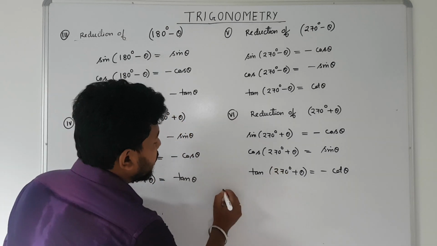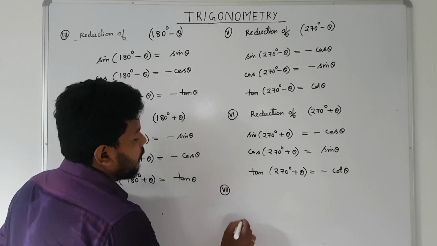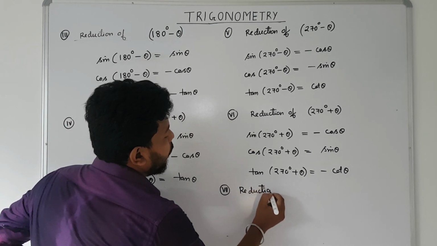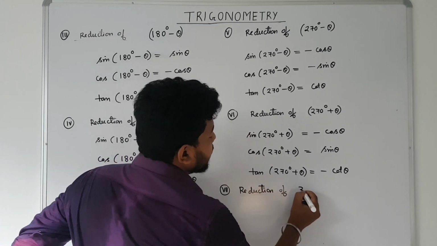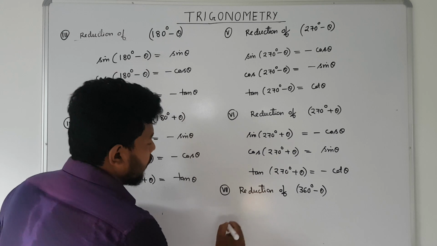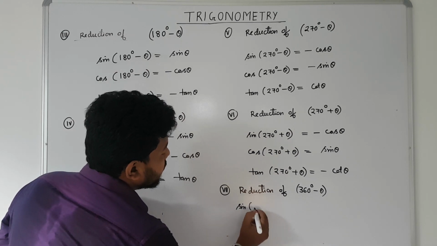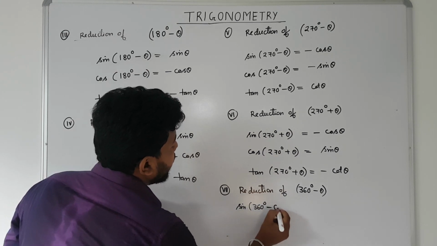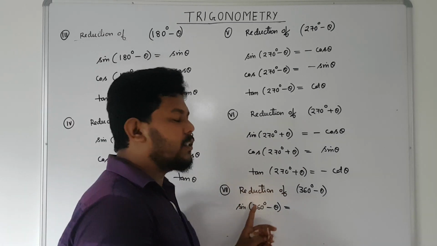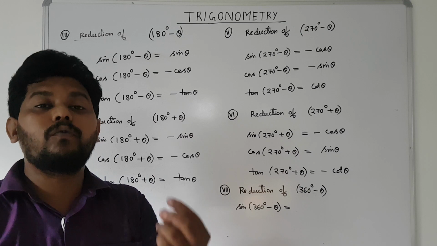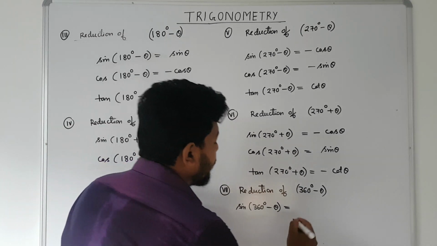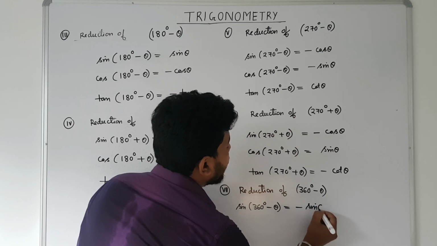And last is number 7, it is called reduction of 360 degree minus theta. Now what is sine of 360 degree minus theta? When I subtract an acute angle from 360 degree, then the angle remains in fourth quadrant. In fourth quadrant, sine is negative, so it will be minus of sine theta.